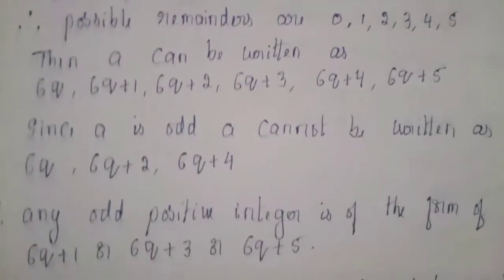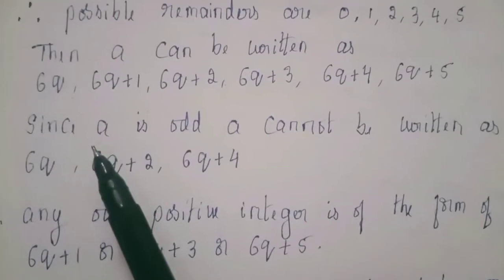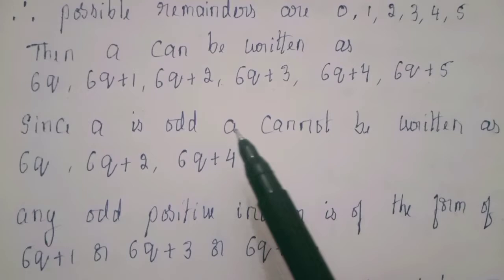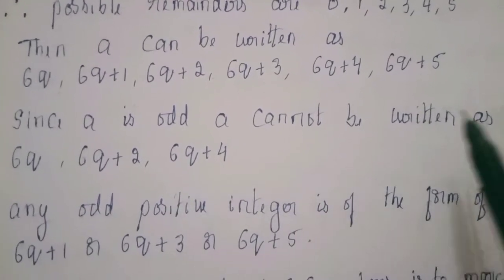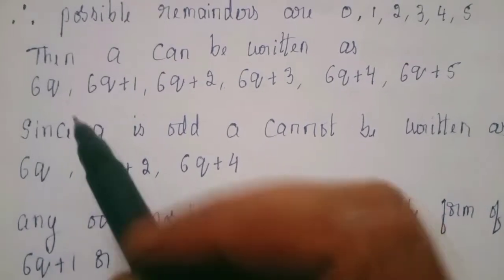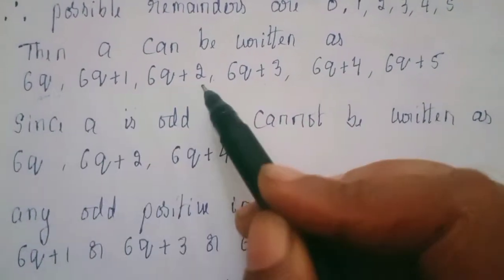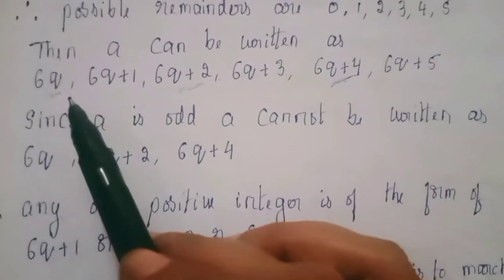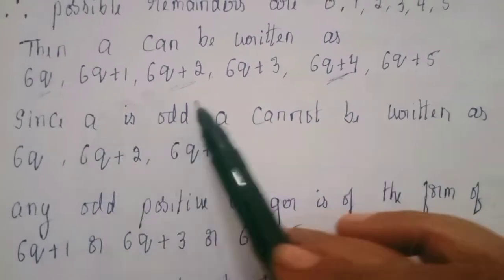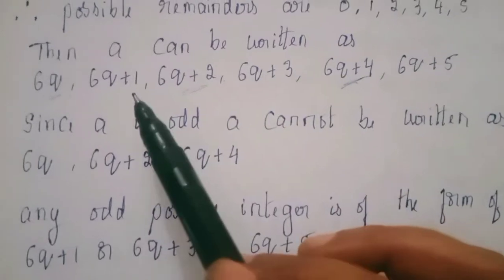So we have to delete something. So what is that? Since a is odd, a cannot be even. Our dividend cannot be even. So a cannot be written as 6q, 6q plus 2, 6q plus 4. So these three things will vanish from this. What are the remaining?